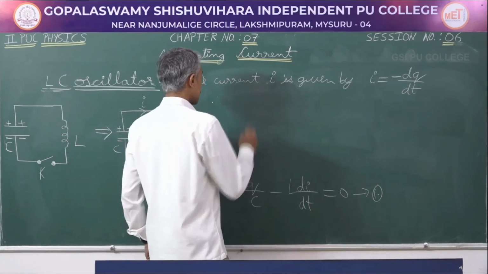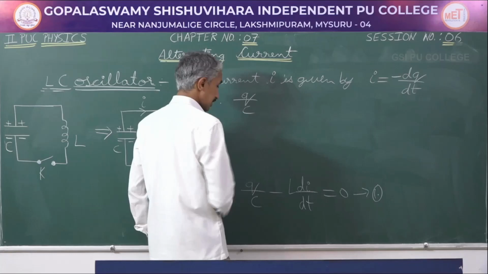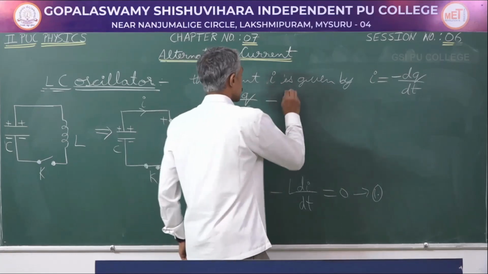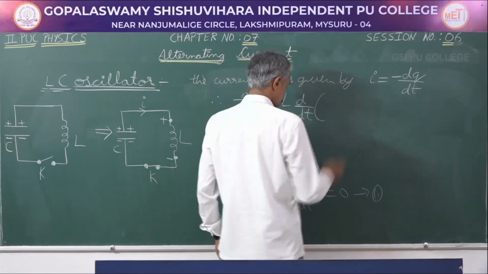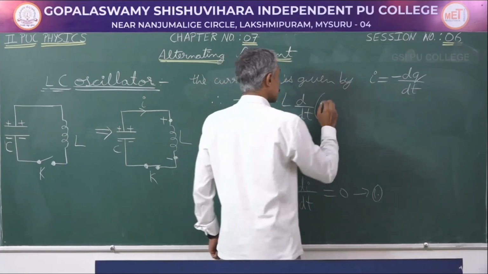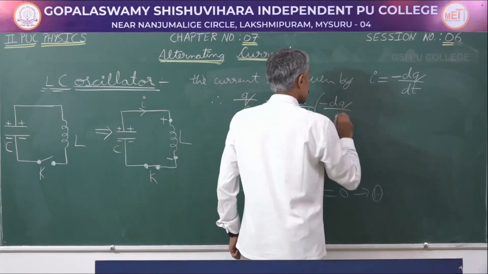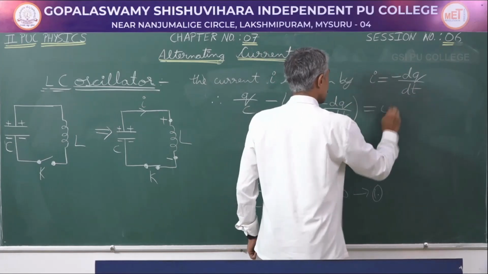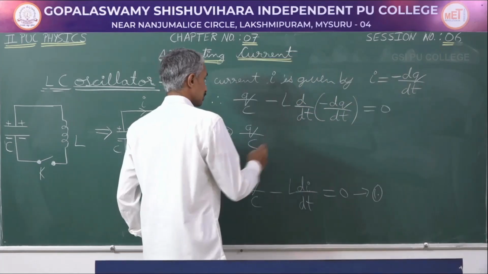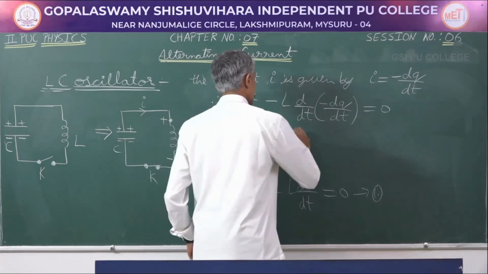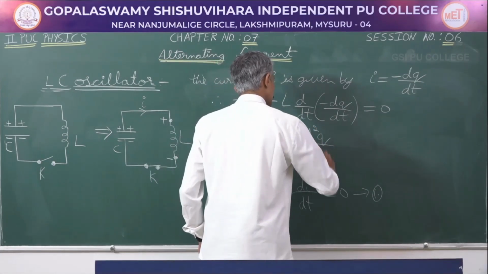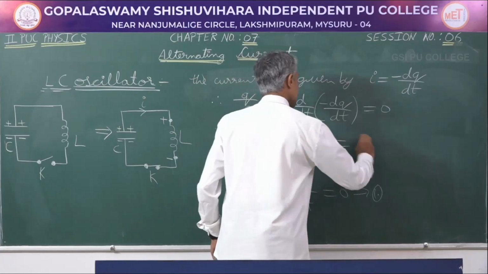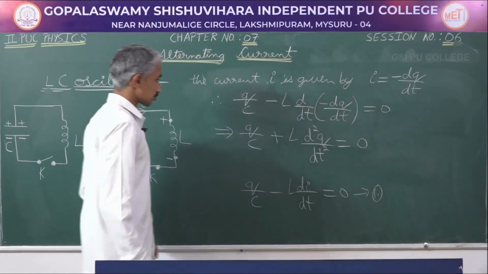Therefore, equation 1 can be written as Q by C minus L into d by dt of, in place of I, take minus dq by dt. This will give you Q by C plus L into d square Q by dt square is equal to 0.